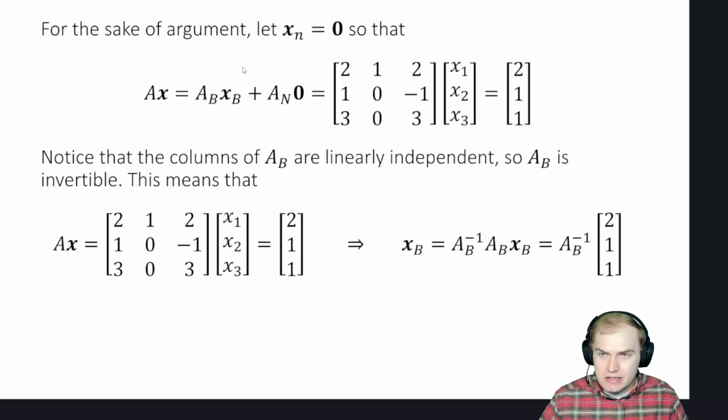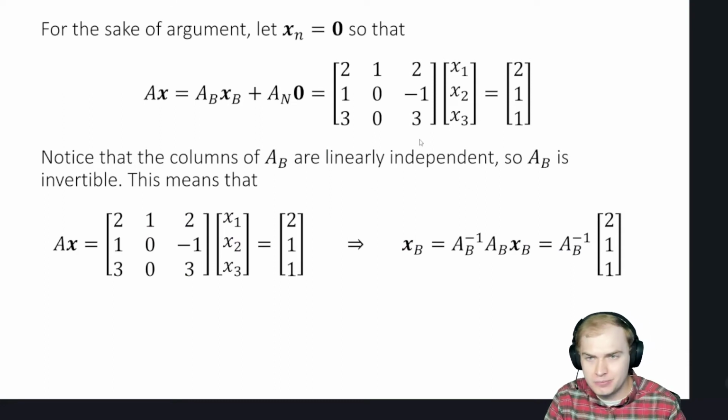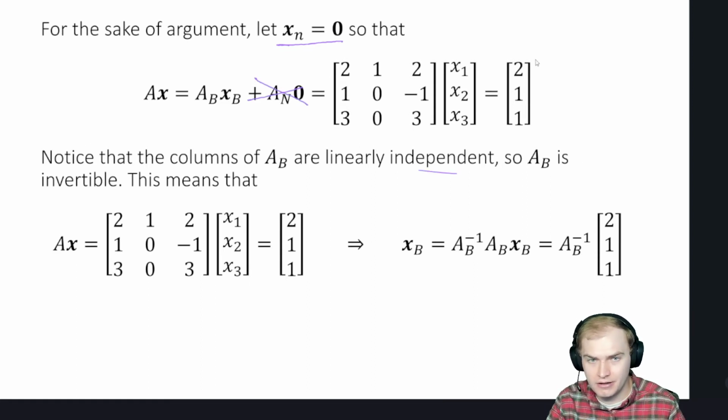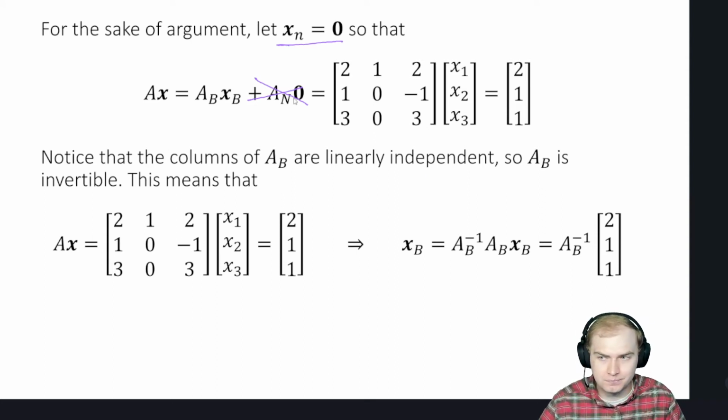And we're going to say, just for the sake of argument at this point, let's pretend that xn, the back half of our variables, are 0. What happens is that we end up knocking off the second term, and we're left with the first term equals the right-hand side. Now, what we need to notice here is that the columns of AB are linearly independent.